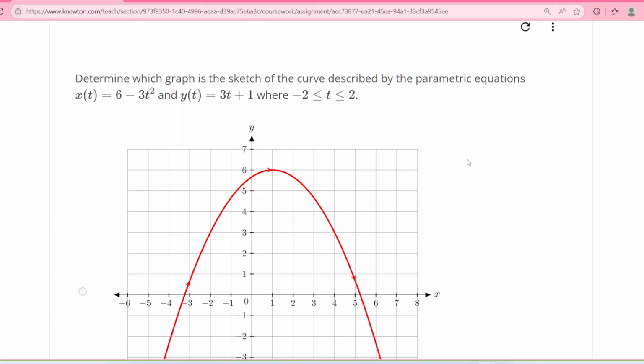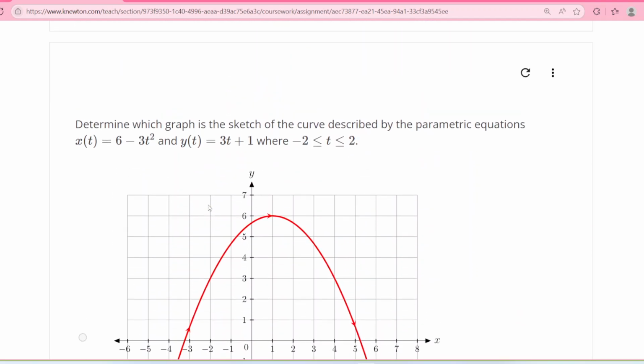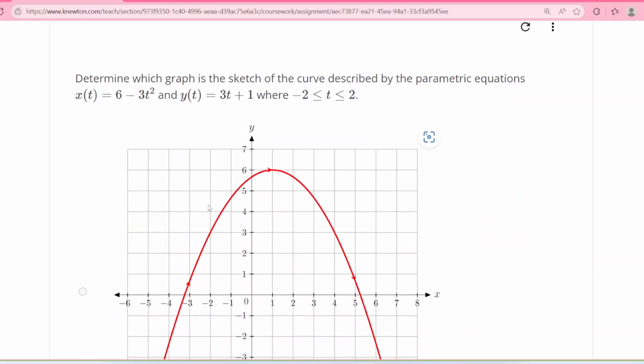Okay. So here's the question. We're asked to determine which graph. So it's a multiple choice question, but I'll draw it out first and then we'll look at the choices, and I'll also pull up the graph of this on the desmos.com free online graphing calculator site.